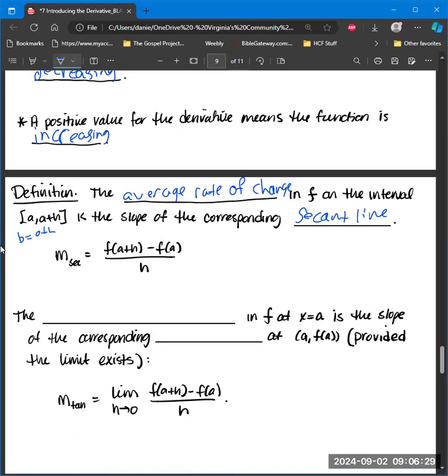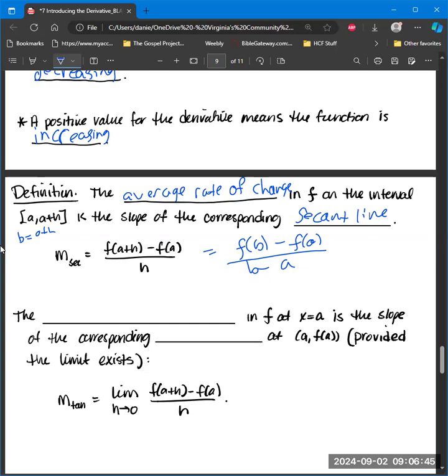And now we're going to call that f of a plus h minus f of a over h. It's the same thing as f of b minus f of a over b minus a, where we let b be equal to a plus h.